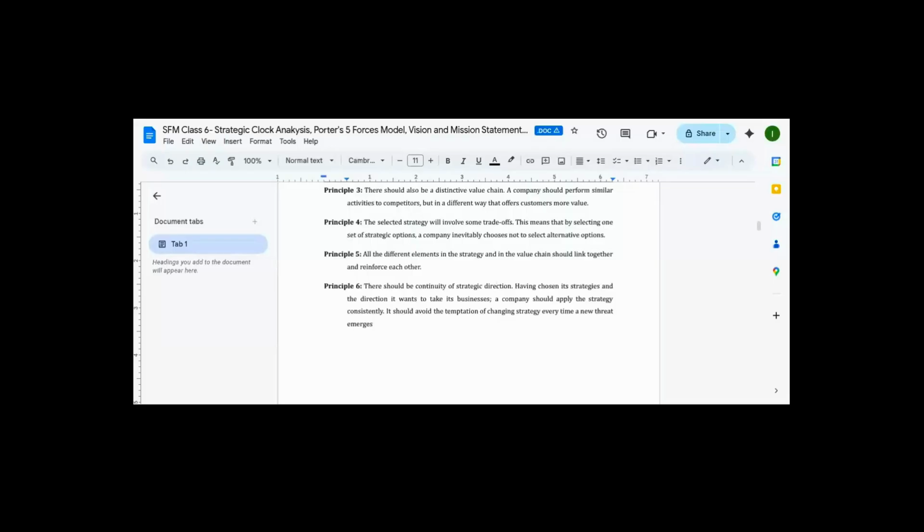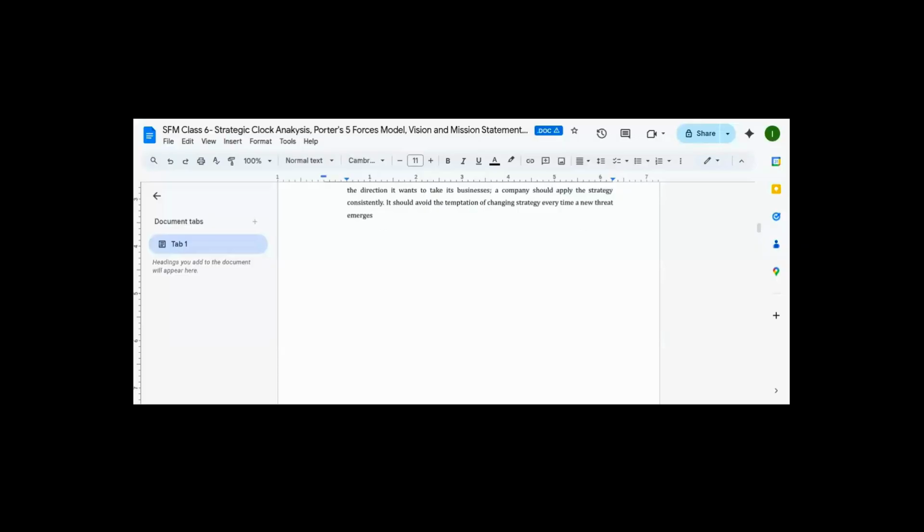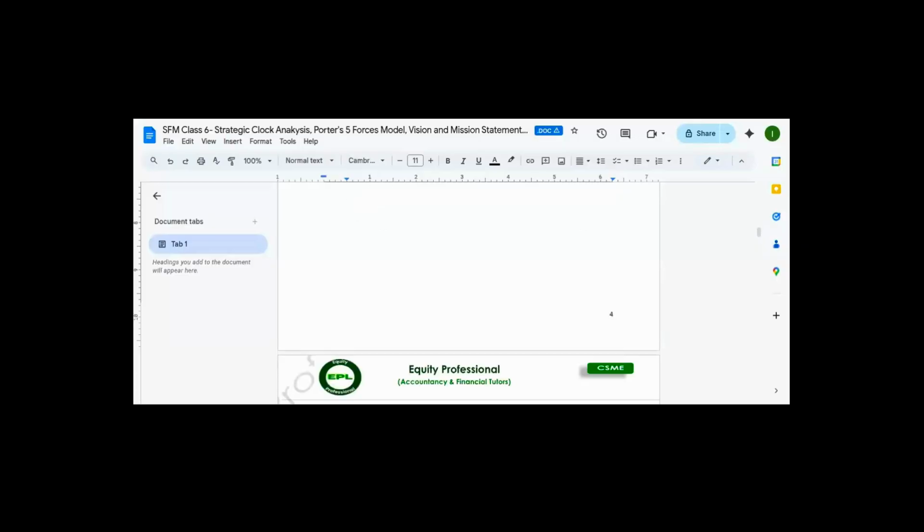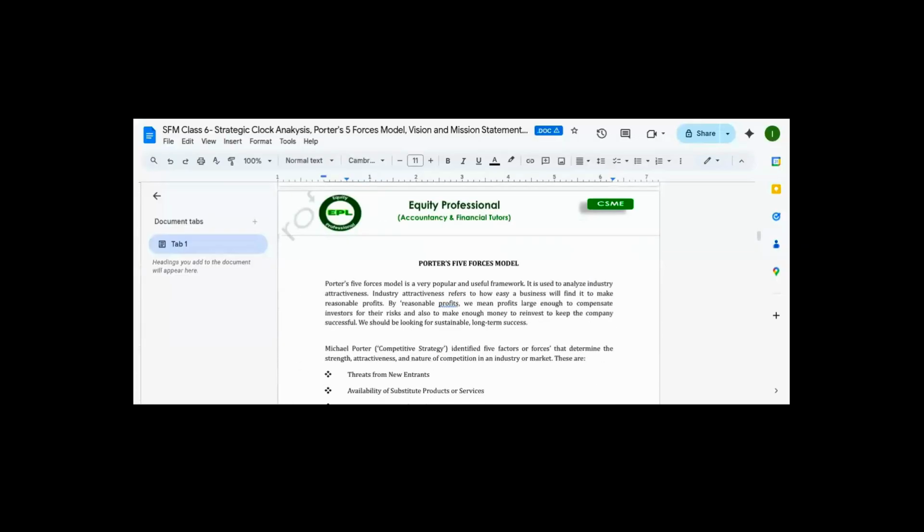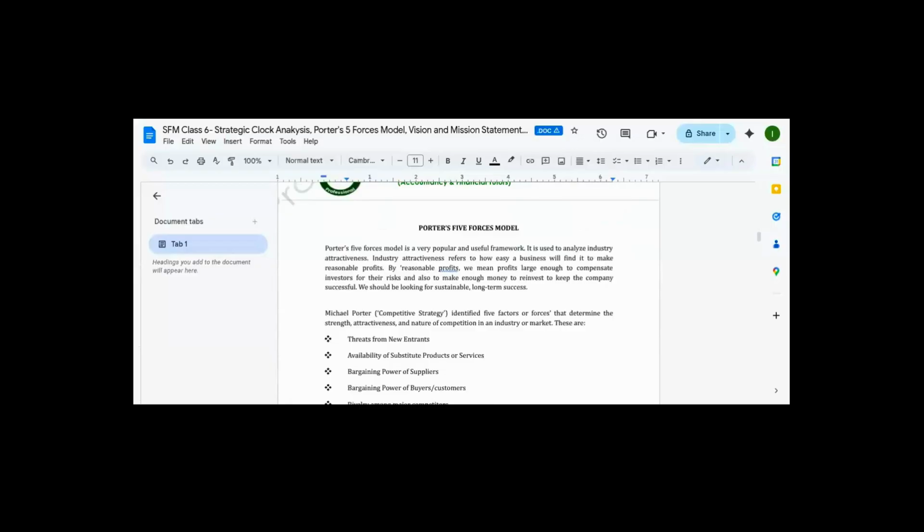As the strategy is used continuously, we improve on it, we evaluate it to look at the gray areas, and we put in a lot of innovation. So that is the sixth principle of strategic positioning that gives a company competitive advantage.